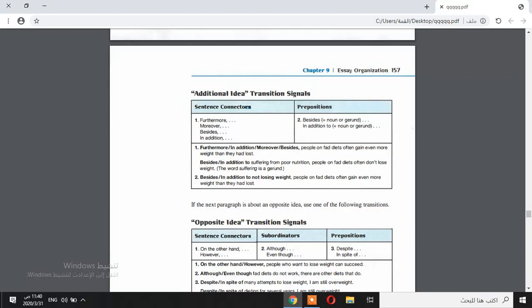Ideas and notions should be connected to each other in order to write a unified, coherent, cohesive paragraph or essay.